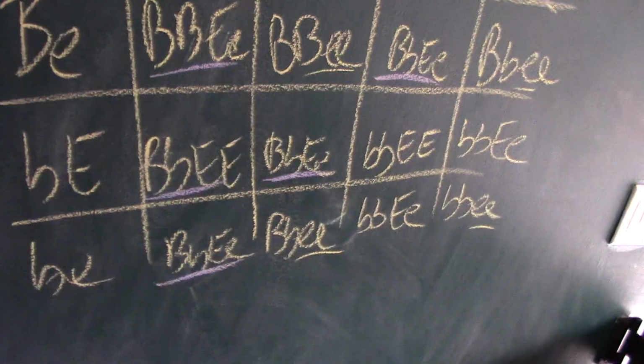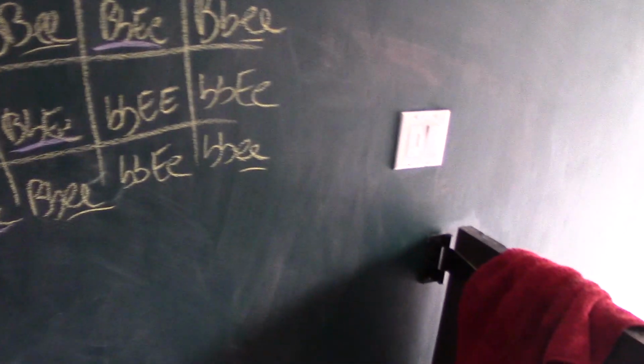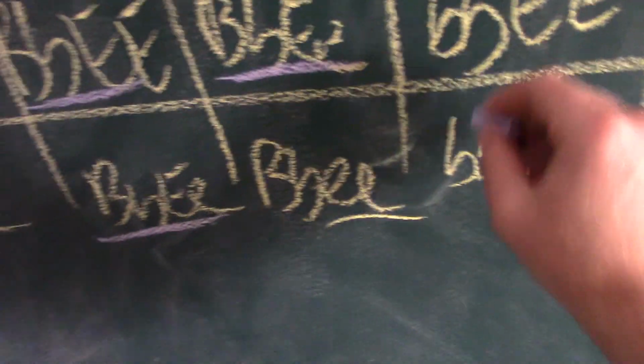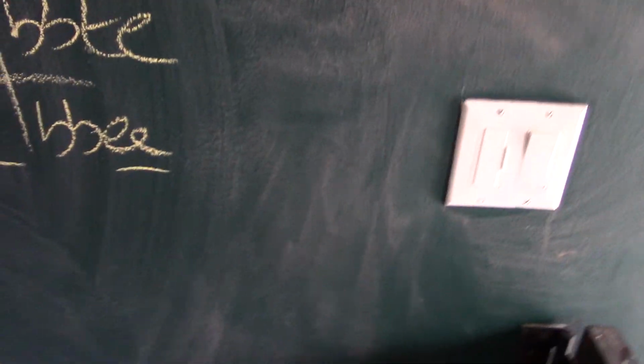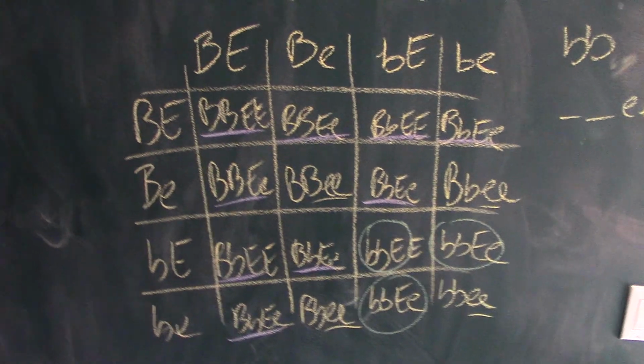There's 9 of them that are big B, big E. So there should be 9 black labs. Okay. And then there should be little b, big E. That's what we're looking for. Right, so little b, big E. There's going to be 3 brown labs.